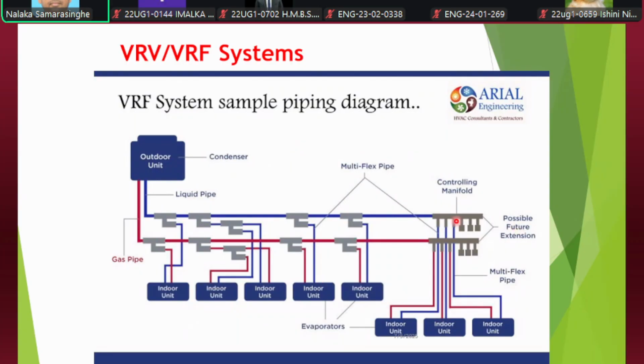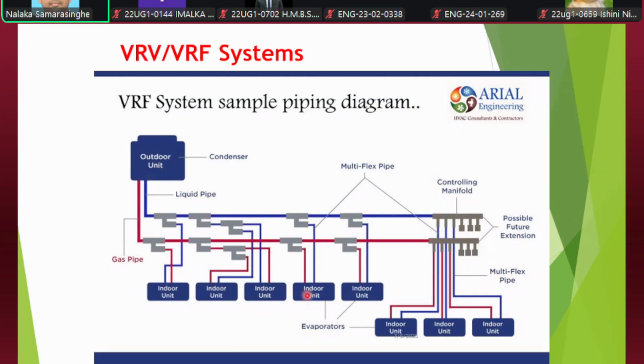After that, you can keep these closed, and later on you can add any other indoor unit necessary, depending on when you are going to expand the area for air conditioning. Okay, so that's an important thing.